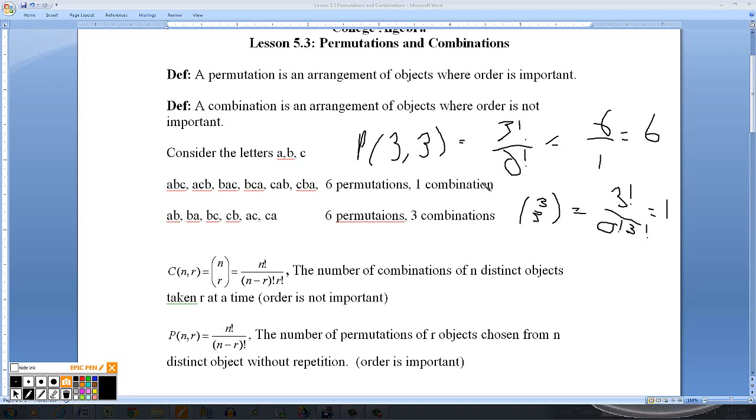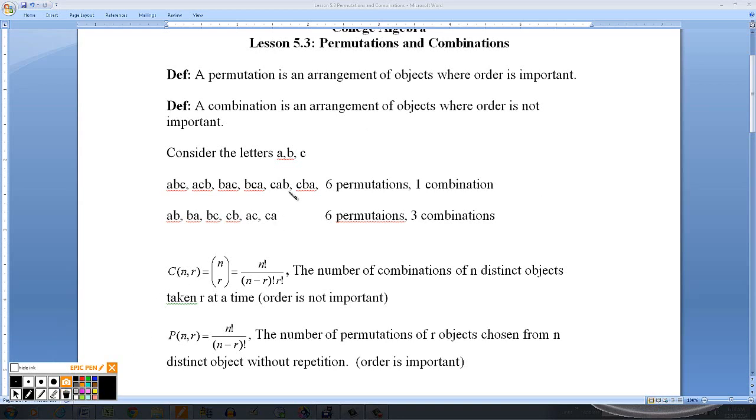Okay. Now, computing this out for 3 things taken 2 at a time, again, so let's find the permutations. Permutations of 3 things taken 2 at a time.